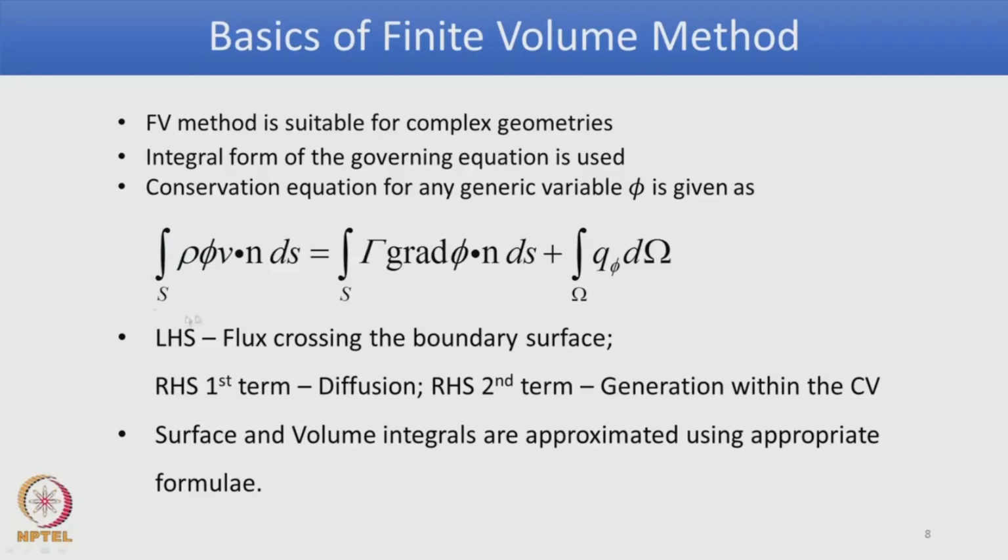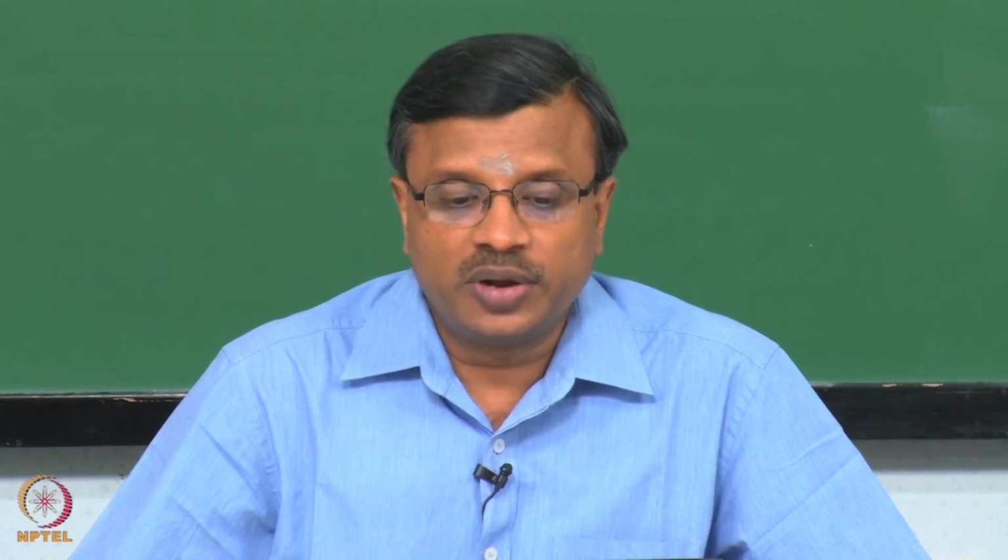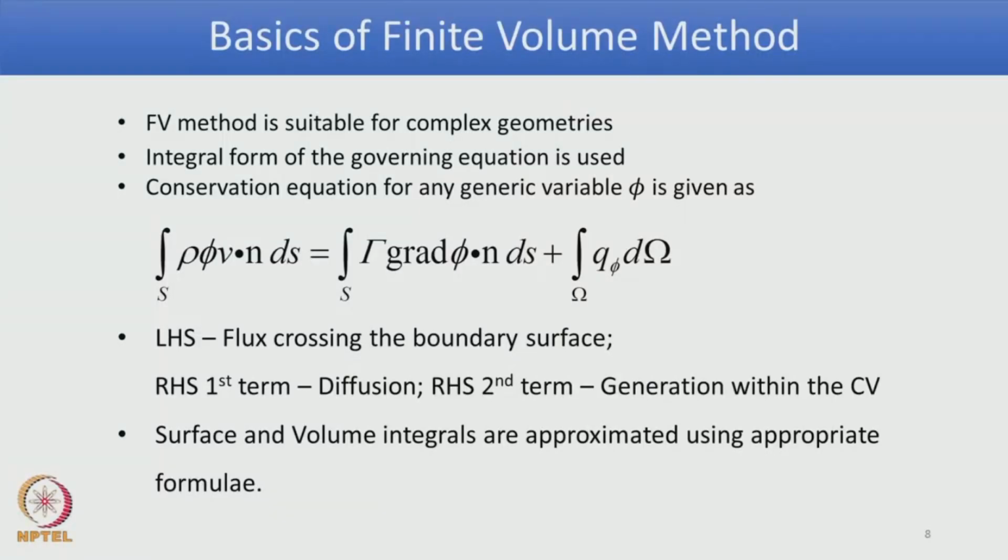Second, in the case of flux crossing, if you are considering the convection term, it is a nonlinear term as we have mentioned before, and treatment of the nonlinear term requires a separate procedure. So, we have integrals estimated differently for different quantities in this equation. That is the meaning of the words appropriate formula.